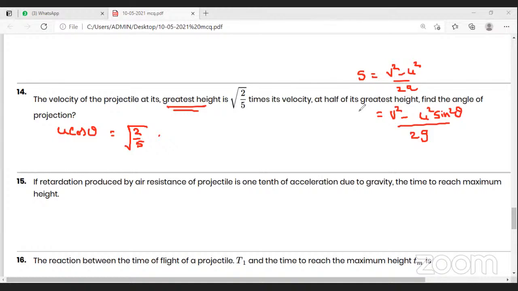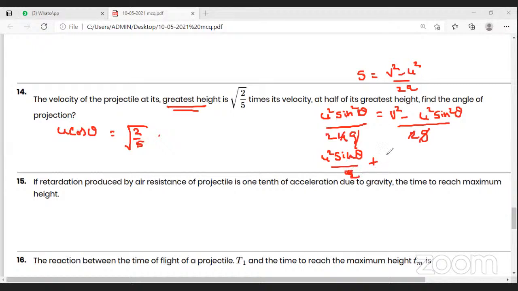Okay, and the height should be how much? Half of the original height, no? The total height is u square sin square theta by 2g, but half of the height means 4g. Now you can just solve this. G and G will cancel. 2 and 2 cancel.